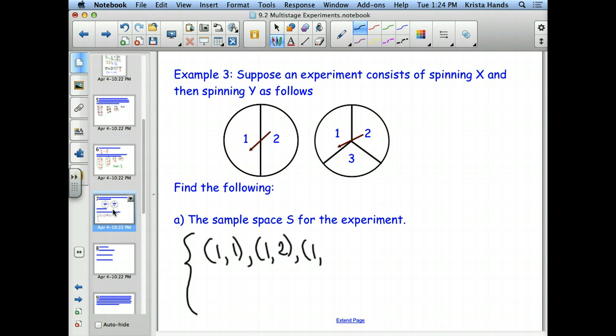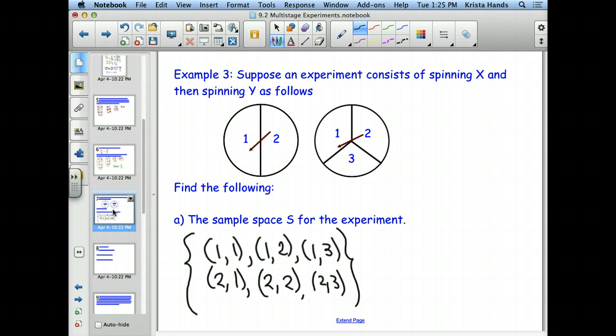Or I could have a 1 and then a 3. Okay, what else could I have? I could have spun a 2 the first time and then a 1, or a 2 and a 2, or a 2 and a 3. And I think that's all of them, right?